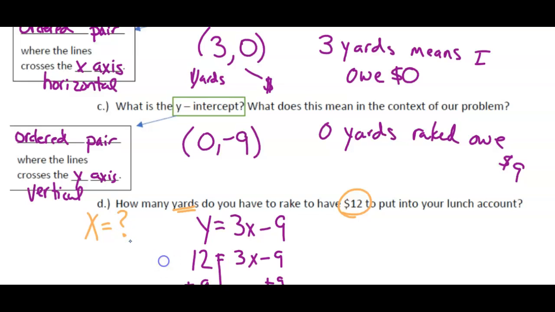So I can take this equation, I can solve it for x, and that will give me how many yards I need to do. What do I have to get rid of first? I would like you to pause the video and solve the equation, and then come back.